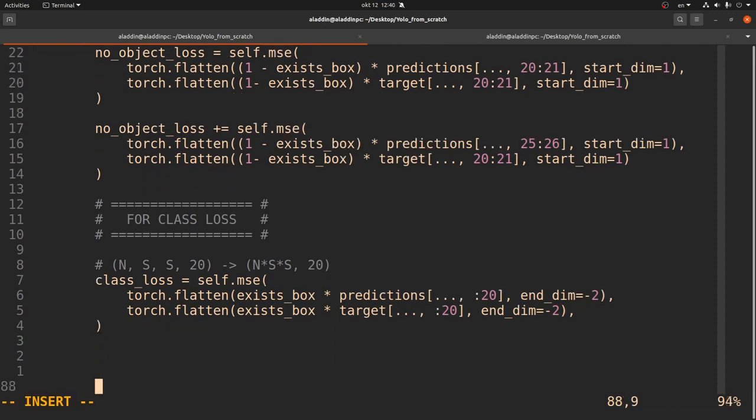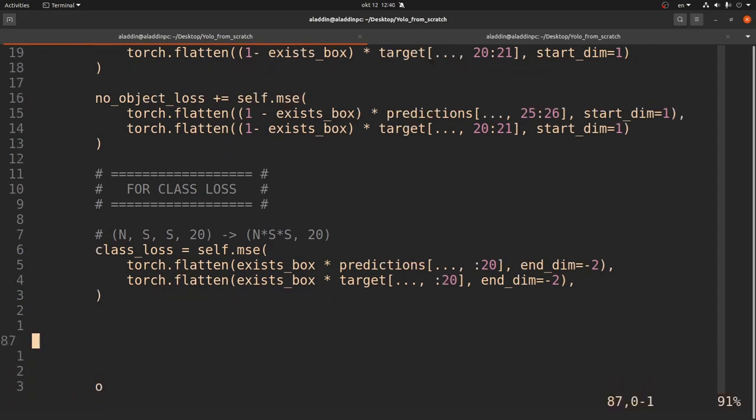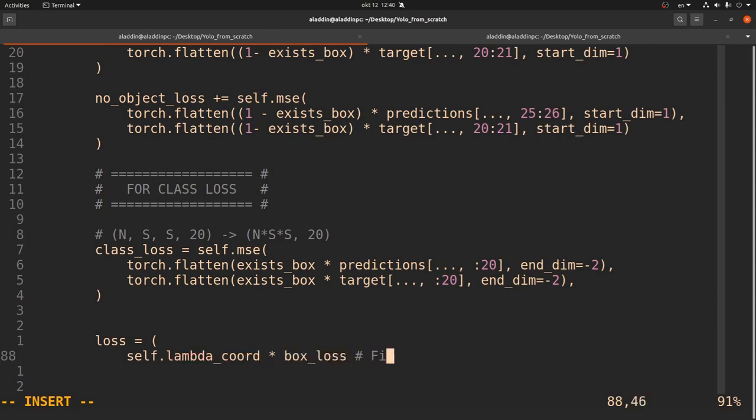And now for the actual loss, we have all those losses. So we're going to do loss equals self.lambda coordinate times box loss. So this is going to be the first 2 rows of the loss in the paper, and then we're going to add object loss here.